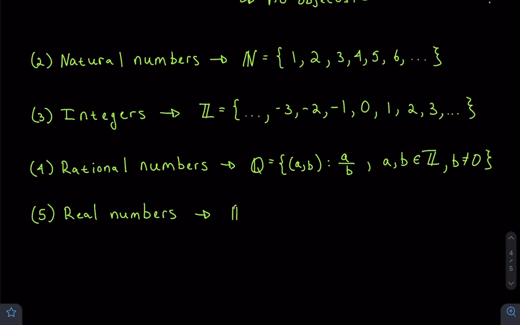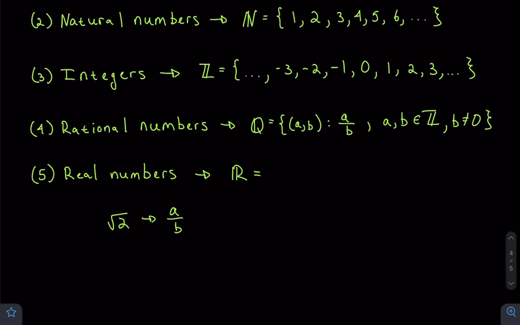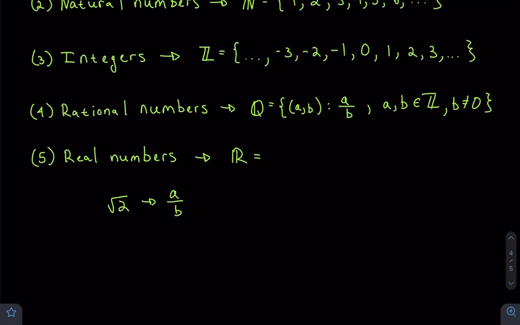And the irrational numbers are basically all the numbers that cannot be written as a ratio of two integers. So for example, if I have the number square root of 2, I cannot rewrite this number as a ratio of two integers a over b because, and we can actually prove this, but we won't, it can't be.